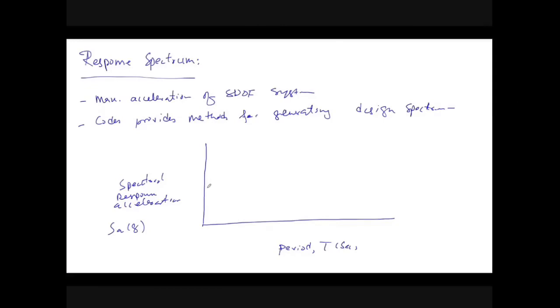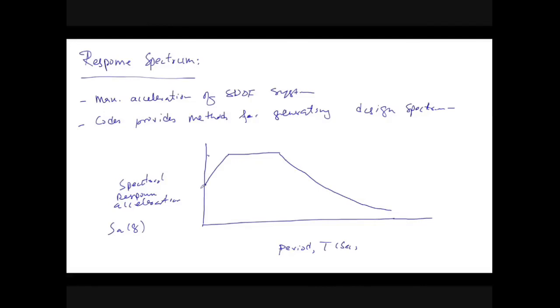The easiest way of plotting this is that it starts from some value here and linearly increases to a certain value, remains constant, and then it reduces with some function.